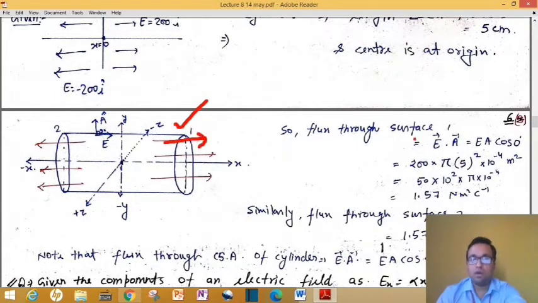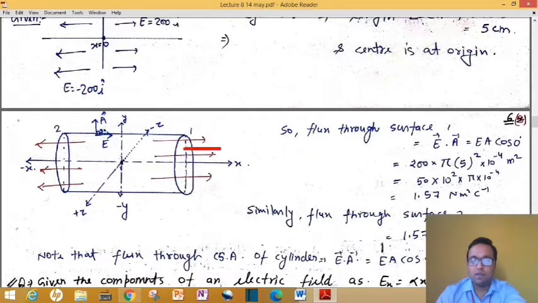Calculation of flux we do in this way: E dot A shows our flux. Electric field at this surface E into area of that surface A, and their dot product.